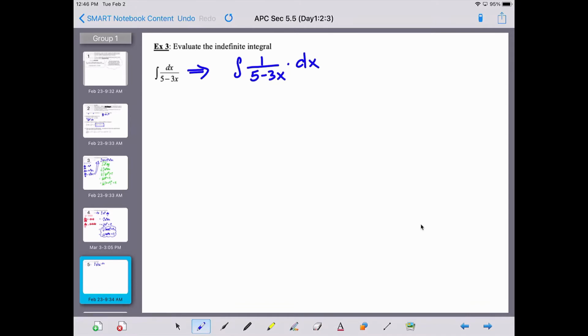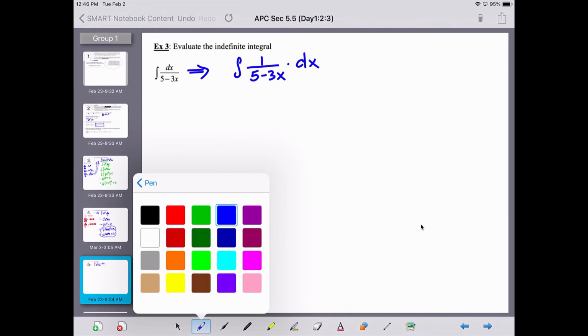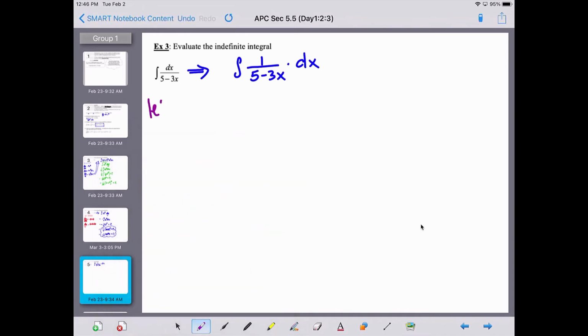In this case, since we don't have anything else in our function besides this 5 minus 3x, and I know that the derivative of that would just be negative 3, which isn't an issue because, again, I could pull that out in front of the integral, I'm going to try letting u be 5 minus 3x. See what happens here. So let's let u equal 5 minus 3x.